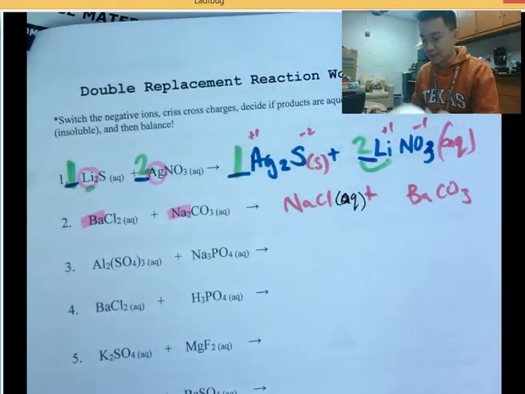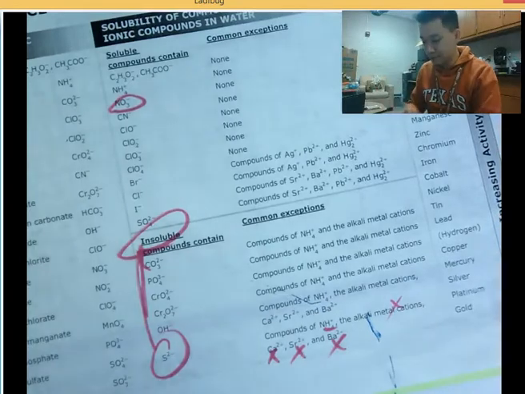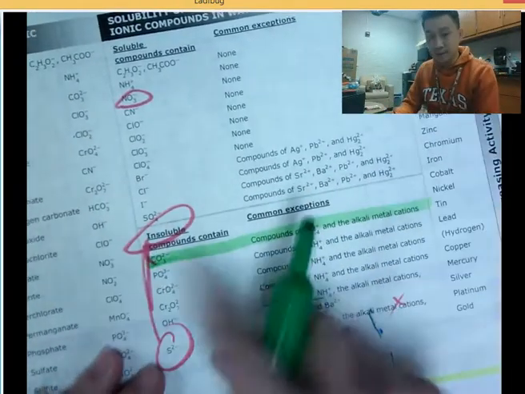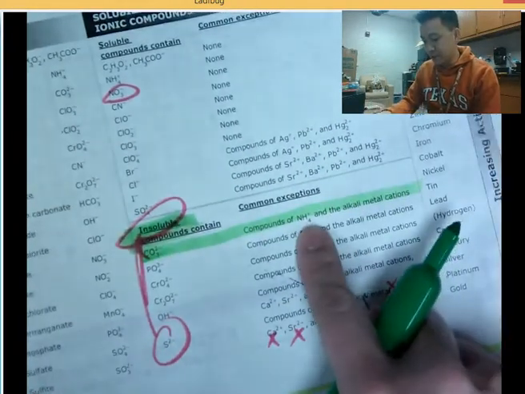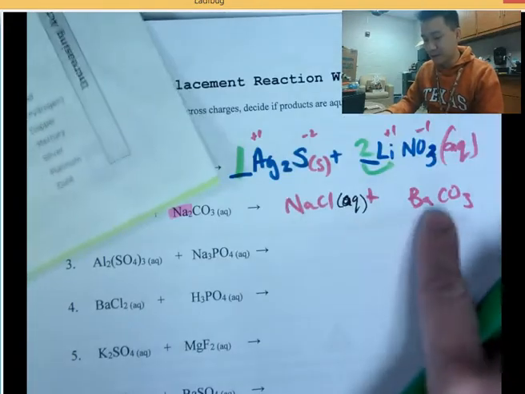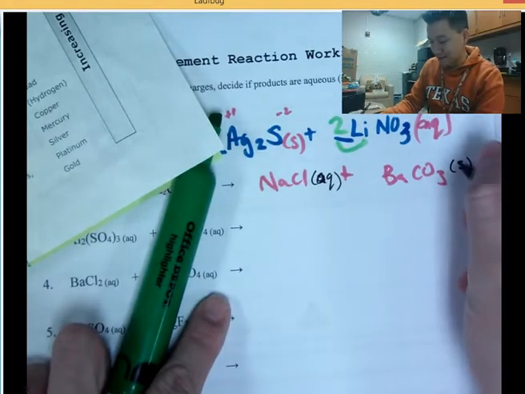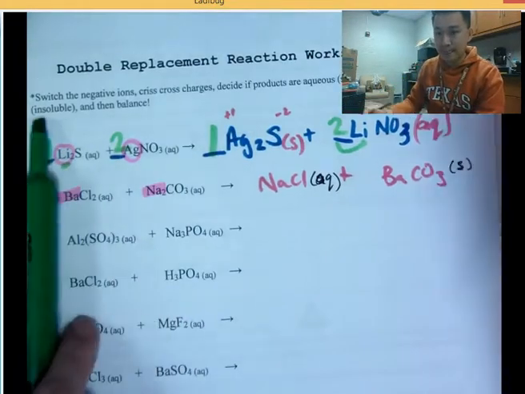BaCO3. Let's look. CO3 I don't remember quite well, so let's look here. CO3. It's insoluble except with NH4 and alkaline metal. Is barium an alkaline metal? Nope. Is barium NH4? Of course not. So this one stays solid, insoluble. Okay, solid.